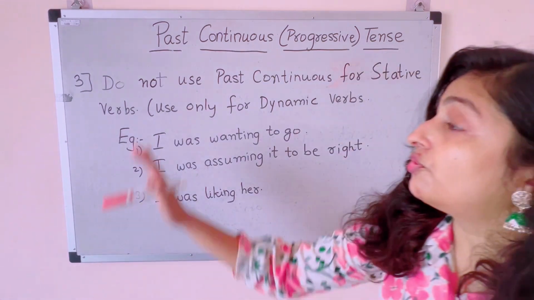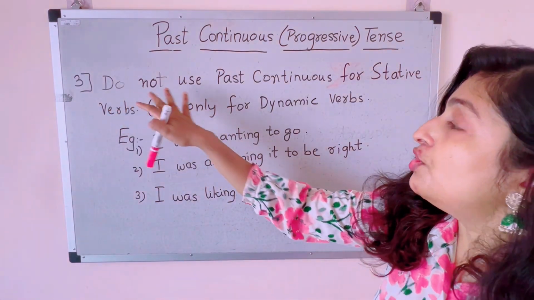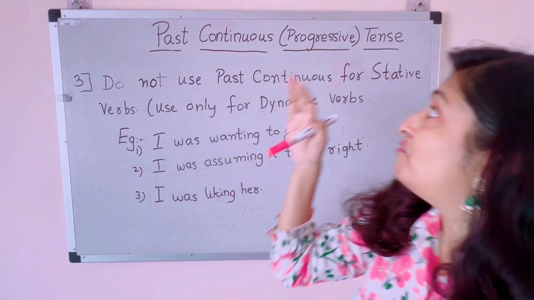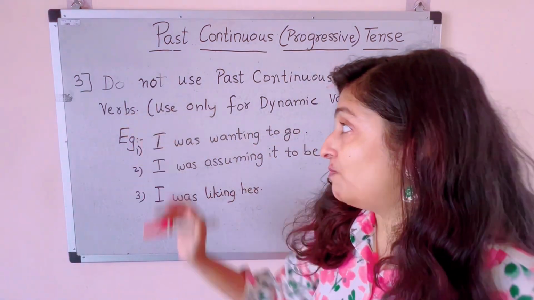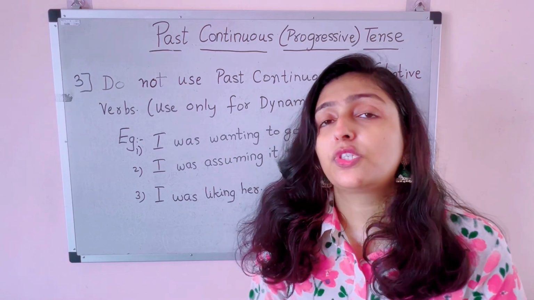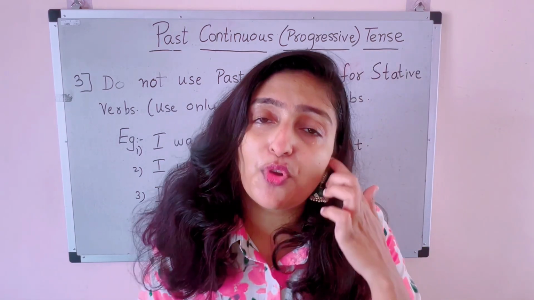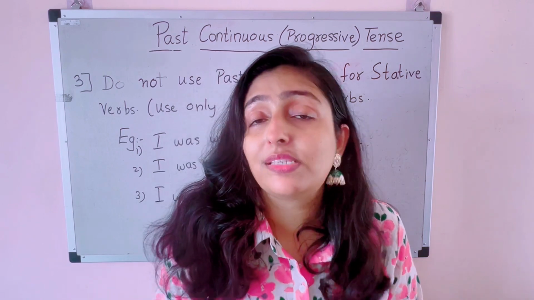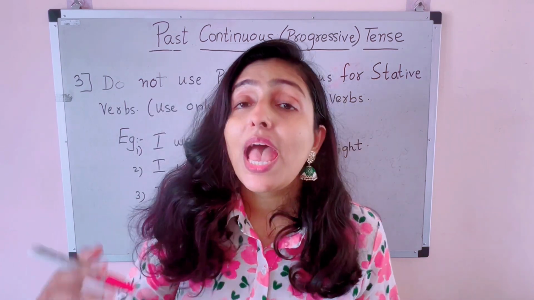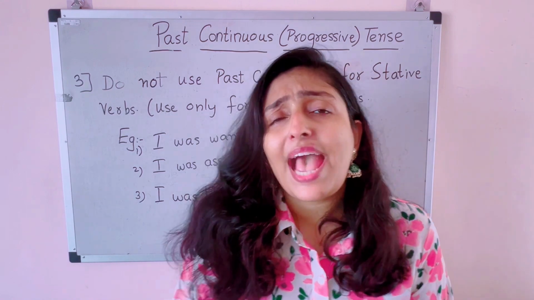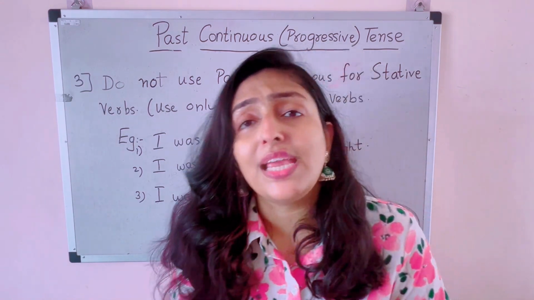Rule number 3 says, do not use past continuous tense for stative verbs. Use it only for dynamic verbs. Now we had discussed previously stative verbs and dynamic verbs in present continuous tense and in some other tenses as well. So what is actually a stative and a dynamic verb?